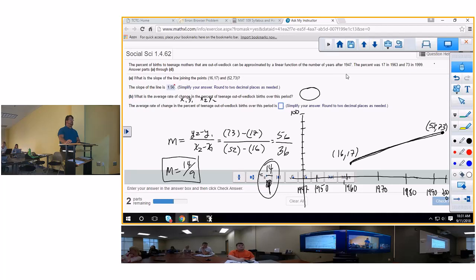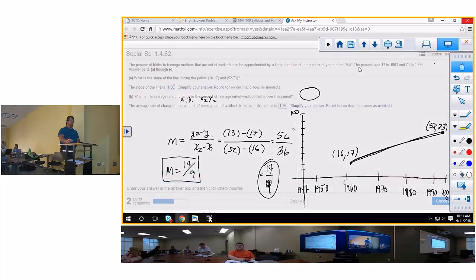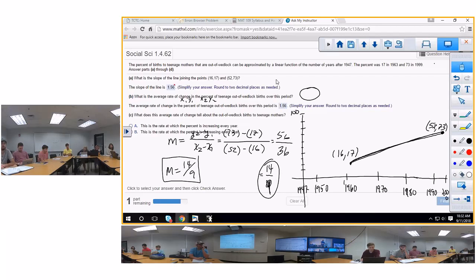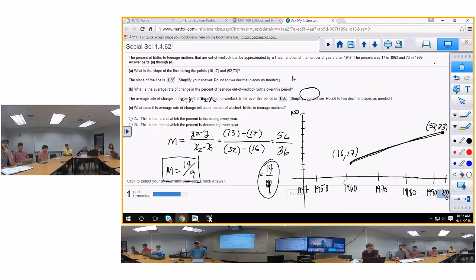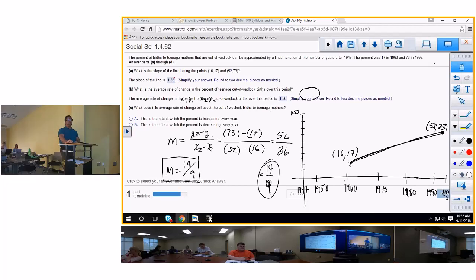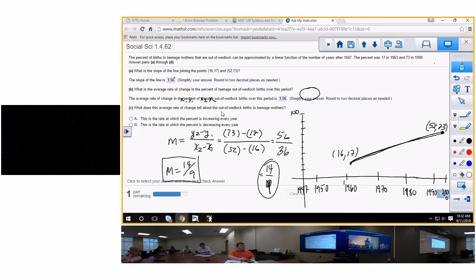The average rate of change is the same thing as the what? Slope. It's the same thing. What does this line tell you? Increasing. Thank you. Appreciate that interaction.